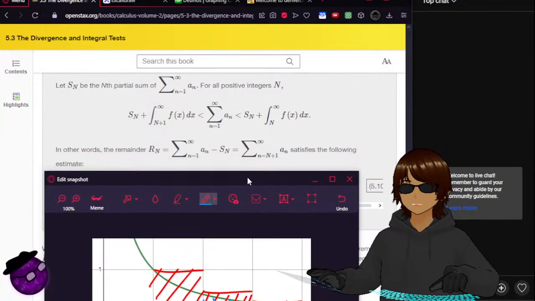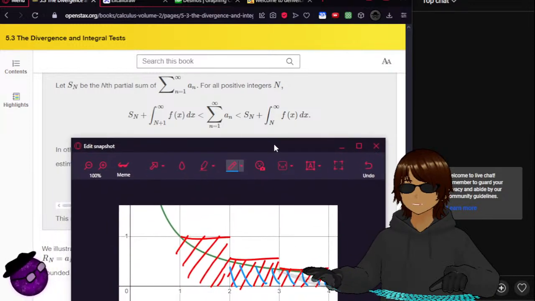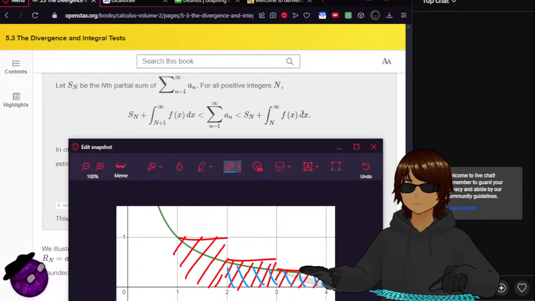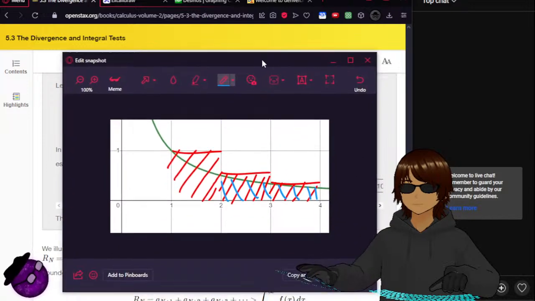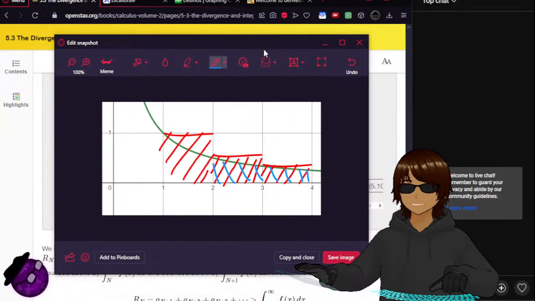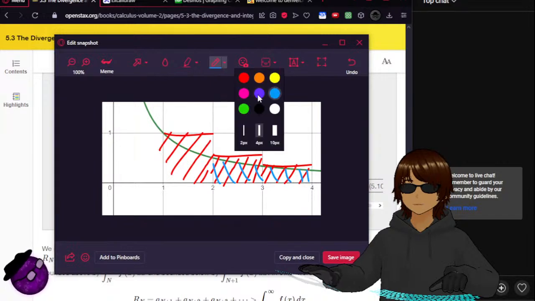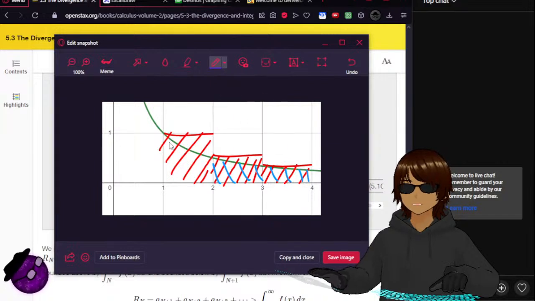And this over here, n to infinity, would be this part, right? Area under the graph till here.